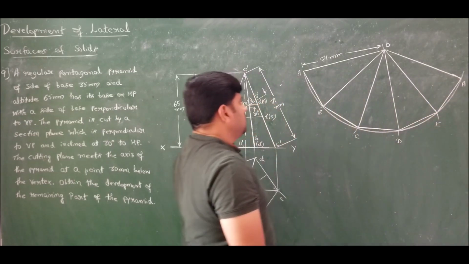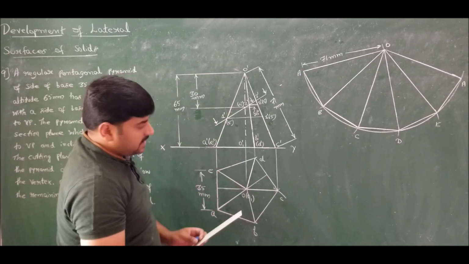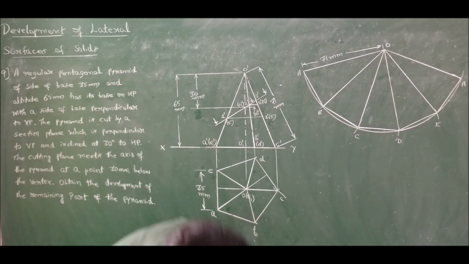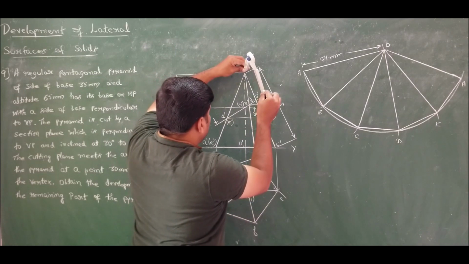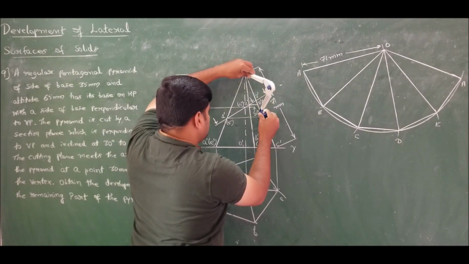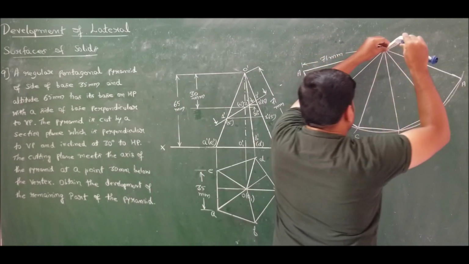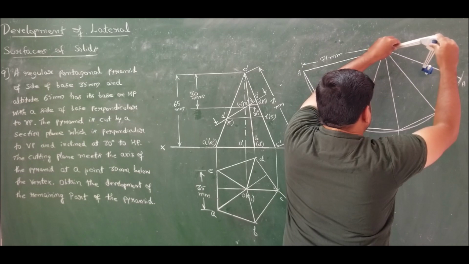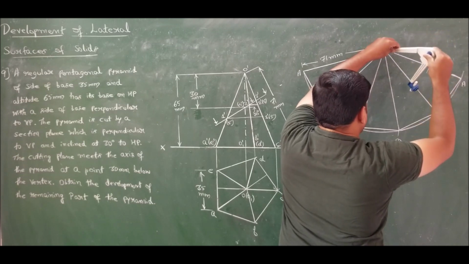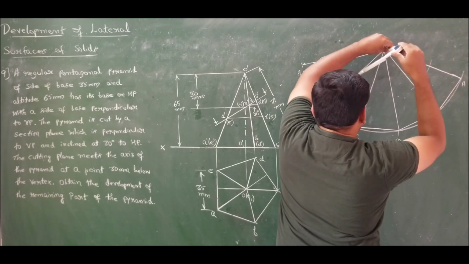Done. Now lay down the points, that is using compass you measure. 1 and 5 are same, no need to worry. So just you transfer. 1 is at the beginning and at last, 1 and 5. Here also I require 1.